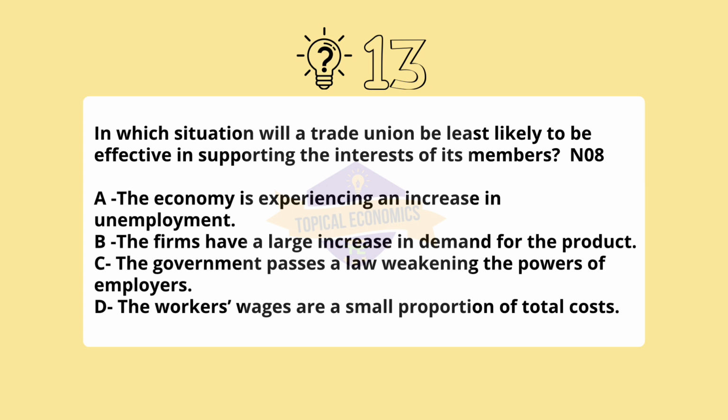Conversely, increased demand for a product or a government law strengthening workers' rights would enhance a union's effectiveness. So the answer for this 13th question, when will a trade union be least likely to be effective in supporting the interests of its members, will be option A. That is when the economy is experiencing an increase in unemployment.